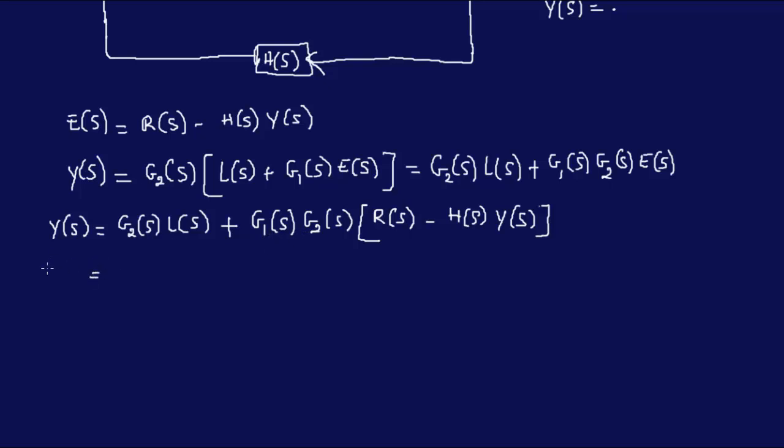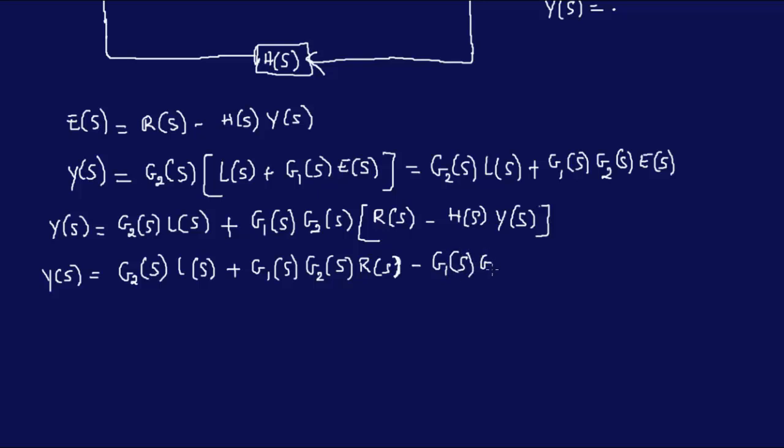So this is equal to G2 of S, L of S plus, just multiply out, G1 of S, G2 of S, R of S, minus G1 of S, G2 of S, H of S, and then Y of S.